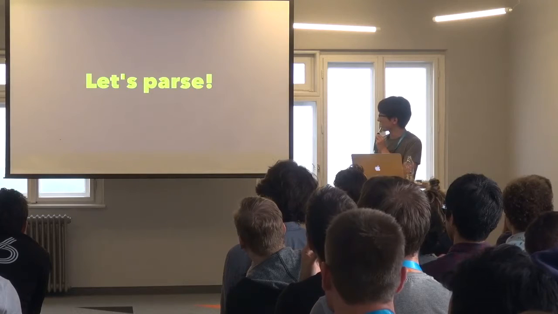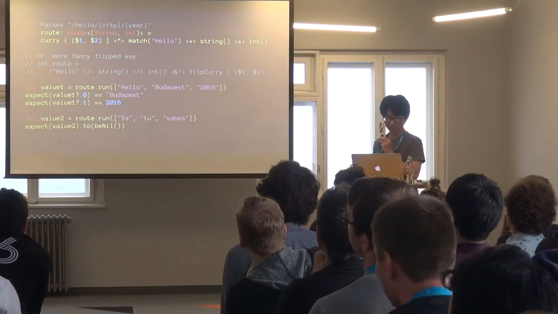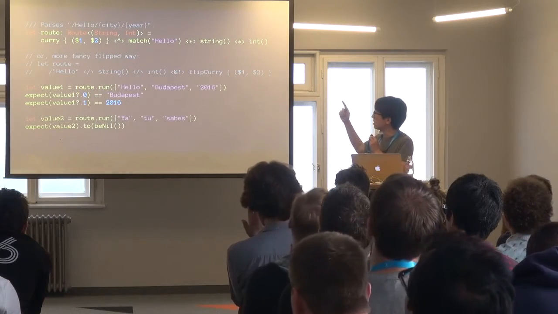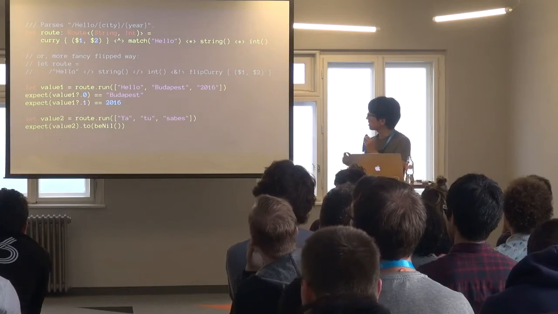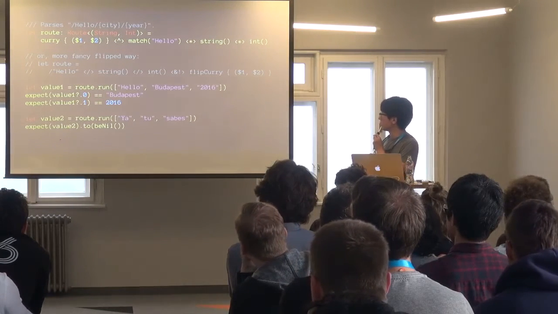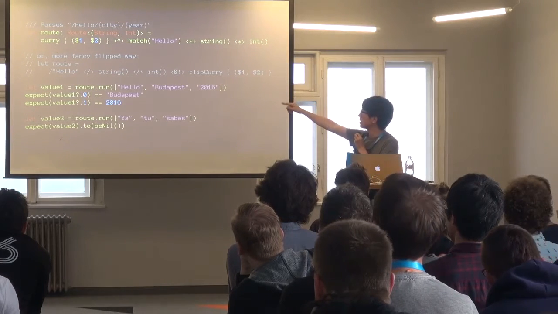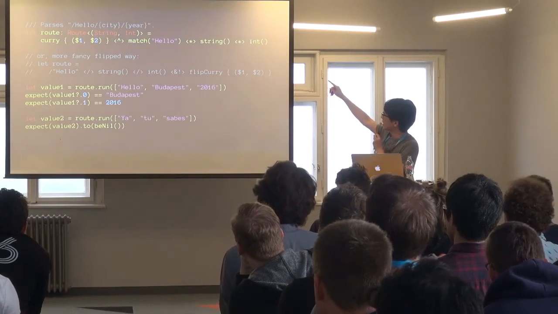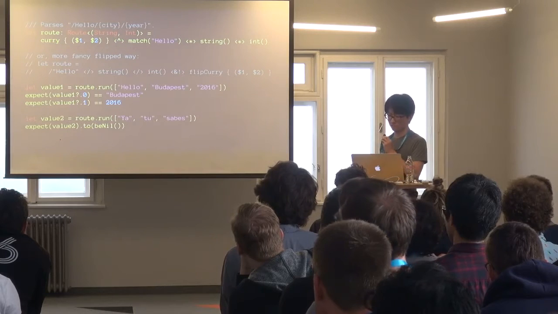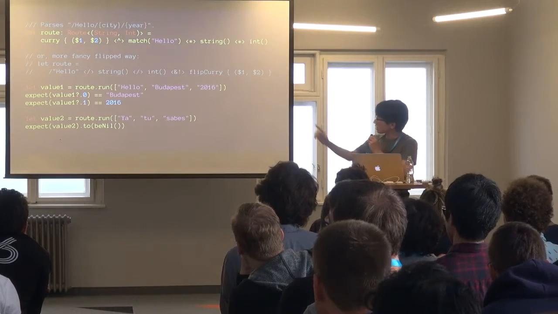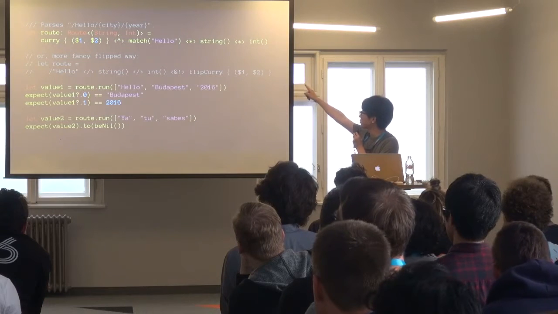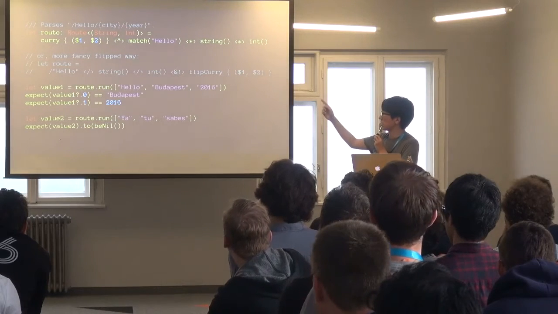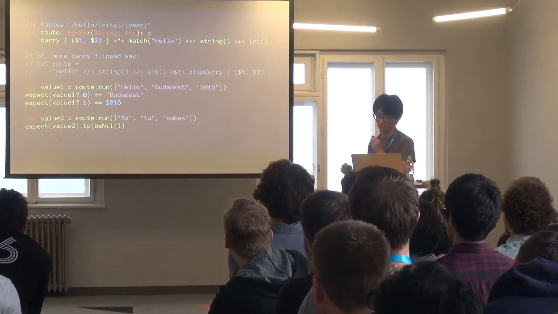And now we are all set, so let's try parsing. The upper part is an example of parsing the URL pattern hello, city, year. As you can see, this code is using applicative style writing with the curried function on the top. Then map comes next, and the matching route with hello comes next, followed by applying consecutive routes. Inside the curried function, the $1 represents a string, which is captured by this string route, and the $2 is an integer that is captured by the int route.